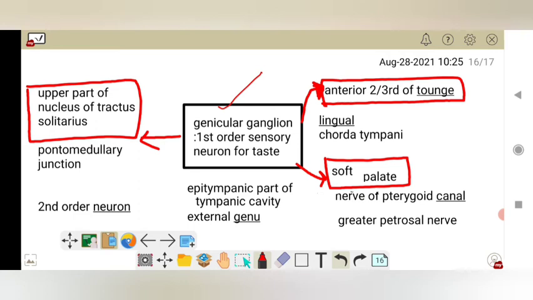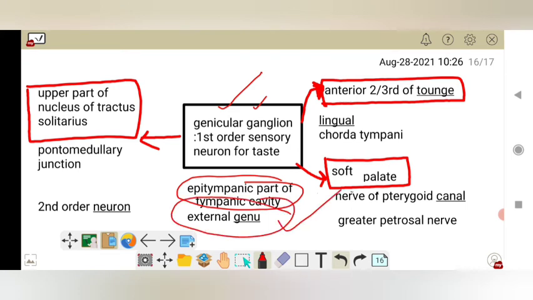The geniculate ganglion acts as the first order sensory neuron for taste, and it is located in the epitympanic part of the tympanic cavity, where fibers form the external genu. So two genu are seen in the course of the facial nerve: the internal genu at the level of the facial colliculus in the pons, and the second in the epitympanic part of the tympanic cavity at the geniculate ganglion.